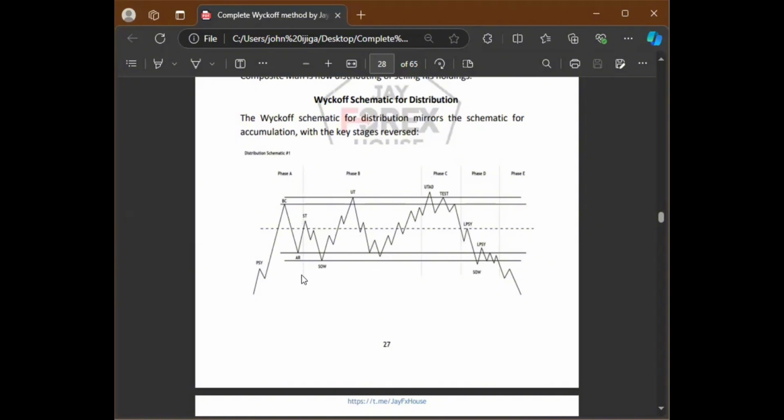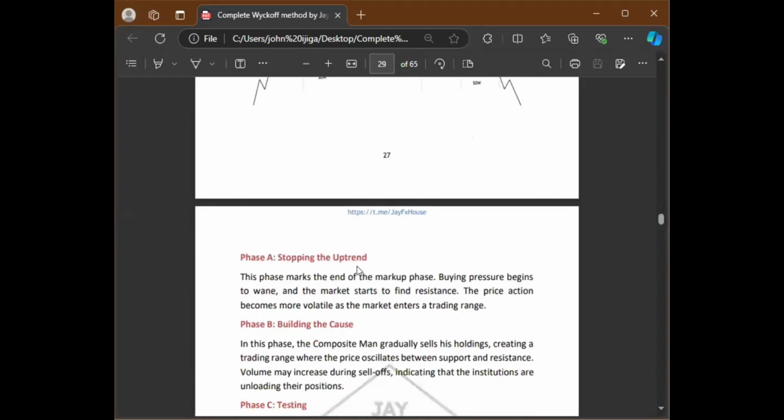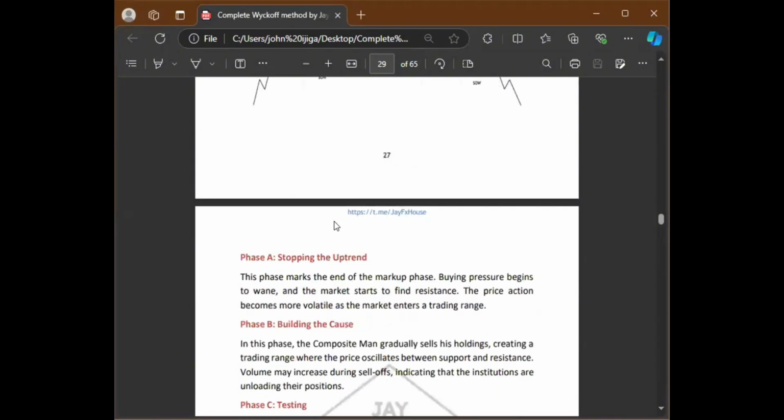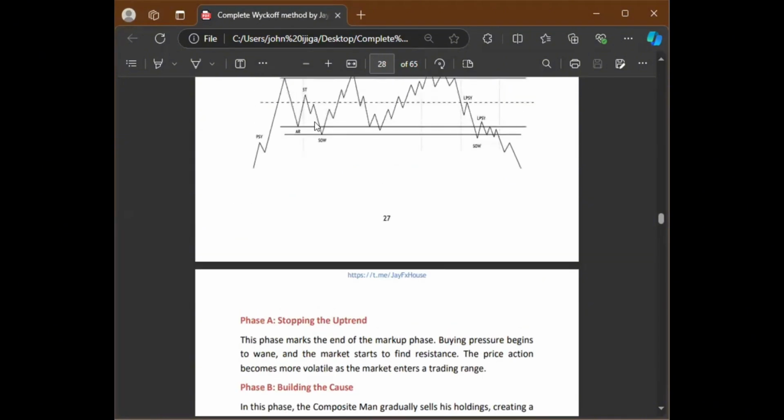These phases help us understand where we are at the moment in the accumulation in the market, and where we can find entries to join in on the trend. So within the ebook, we have them broken down, with phase A being the stopping of the previous trend, which is the uptrend the market was coming from.